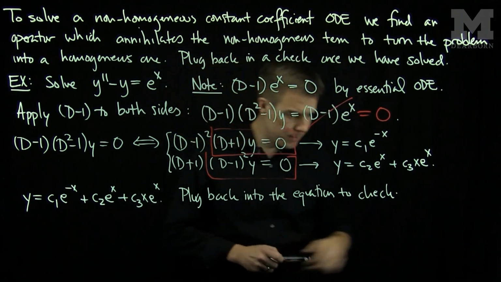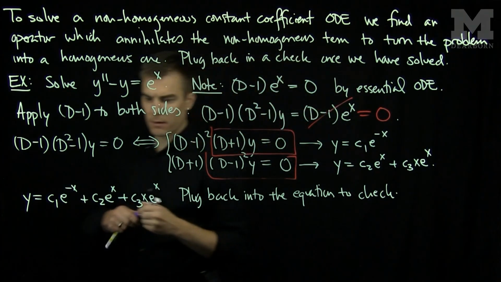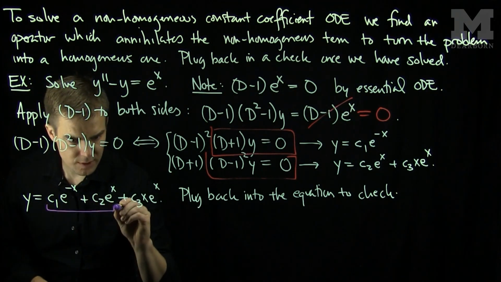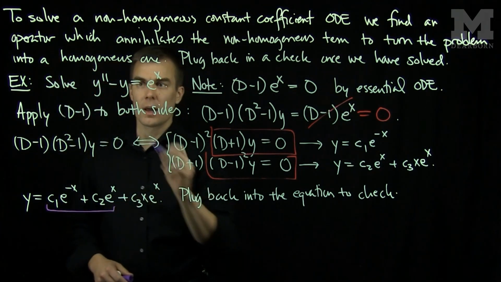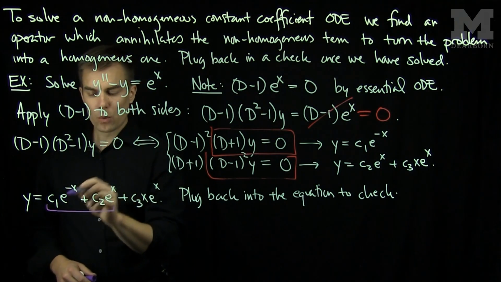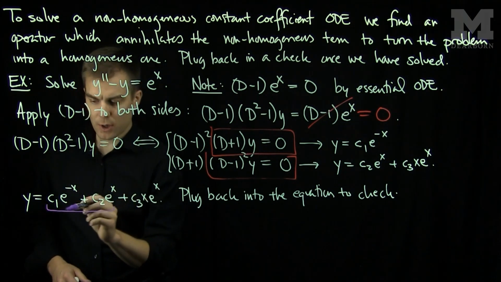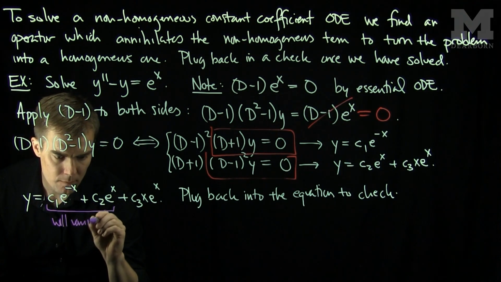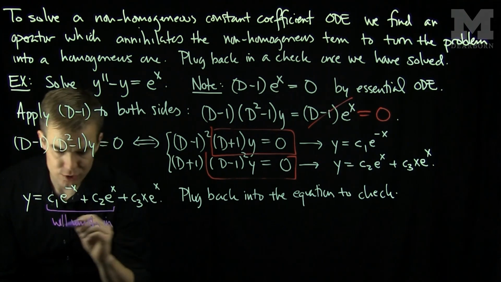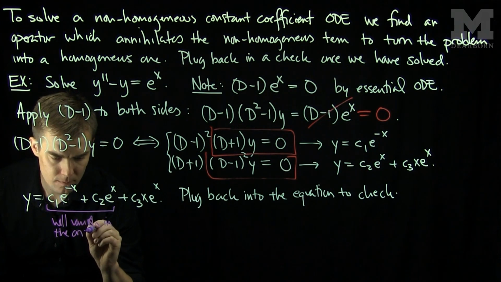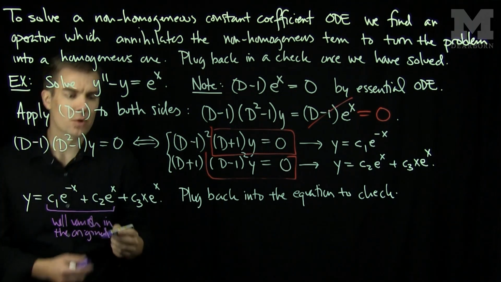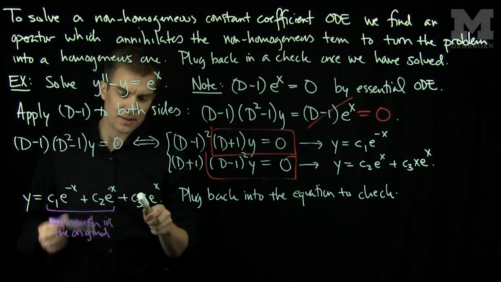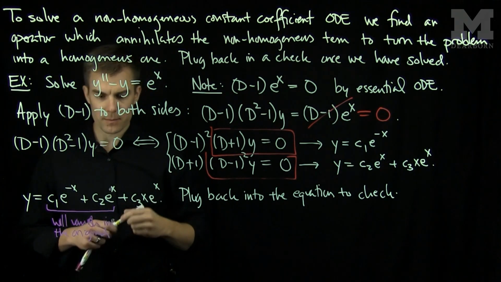Notice that when I plug in either of these first 2 terms into the original equation, y double prime minus y will annihilate both of these terms, so these terms will vanish in the original equation. So all we need to plug in and check is this c3 x e to the x term.